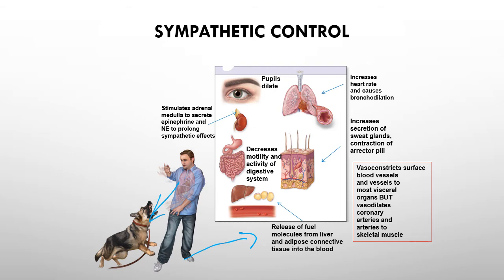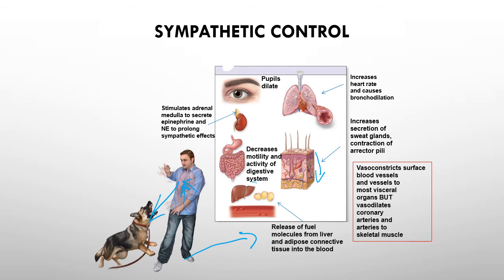In terms of the fight or flee, essentially for blood flow, we're going to pull blood back in towards the core. So we're going to have that pale appearance to the skin, getting that blood flow moving out of the skin and into deeper tissues.